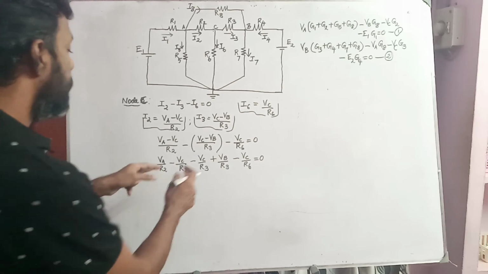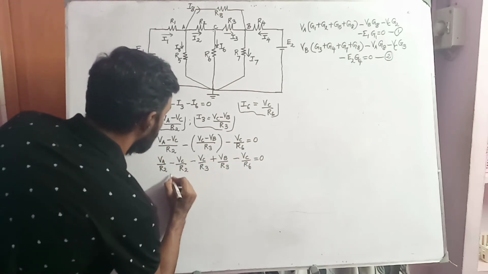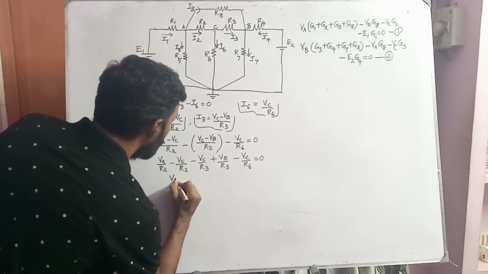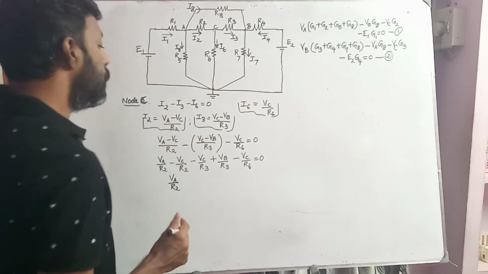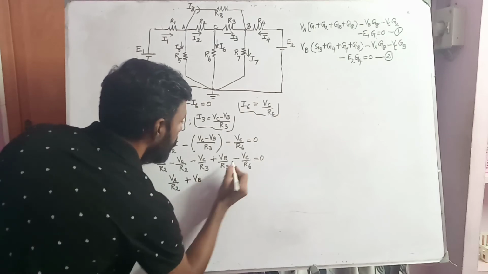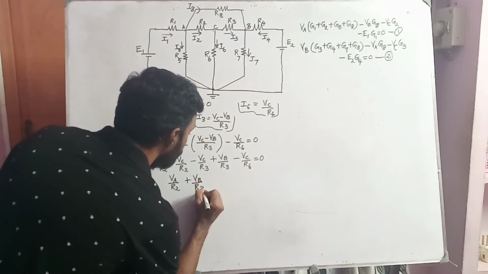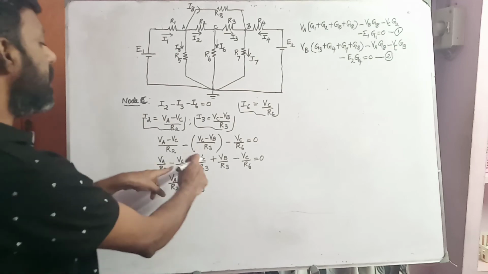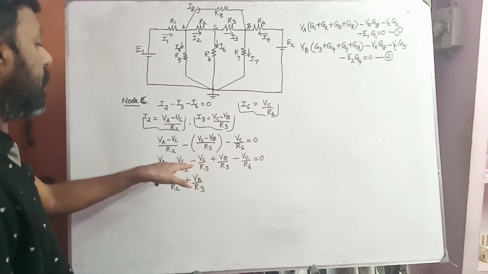Now taking the like terms, that is VA by R2, plus VB by R3, and we have three different values of VC.